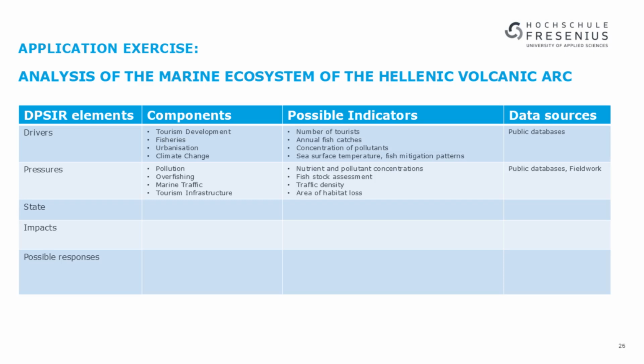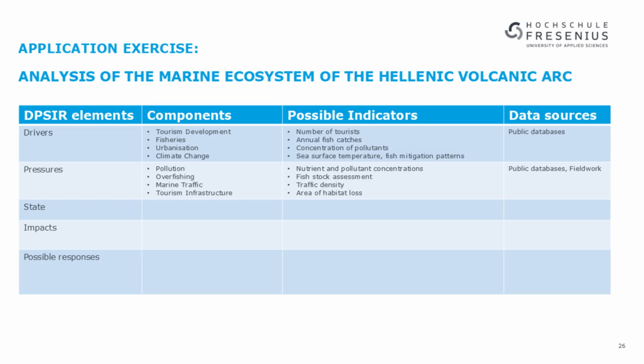Now for the pressures. Those are pollution, overfishing, marine traffic, and tourism infrastructure. Coastal development increases wastewater discharge into the sea, which can lead to nutrient loading and thus harmful algal blooms.